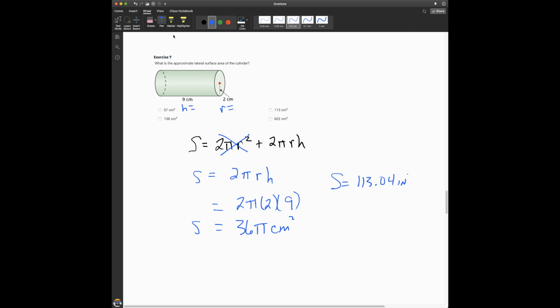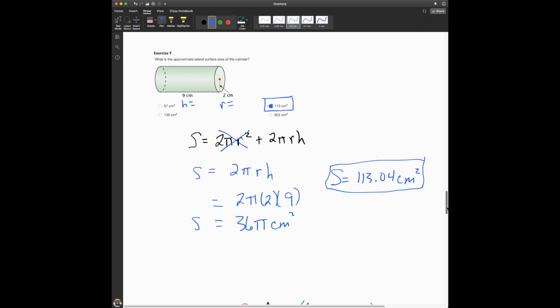I'm sorry, not inches. Apologize for that. Centimeters squared. So there is the surface area. Now, which number am I going to pick? I'm going to pick that one. Okay, so there you go.